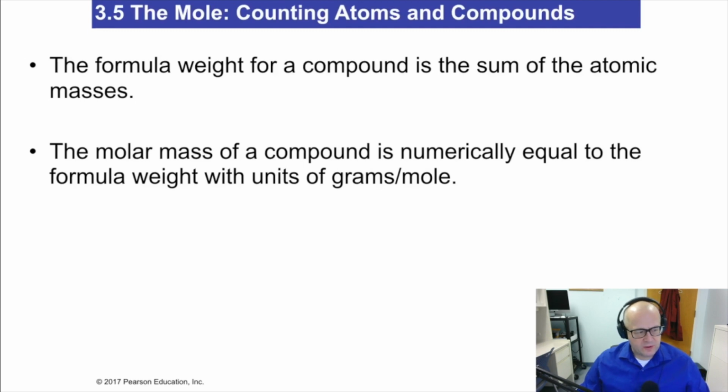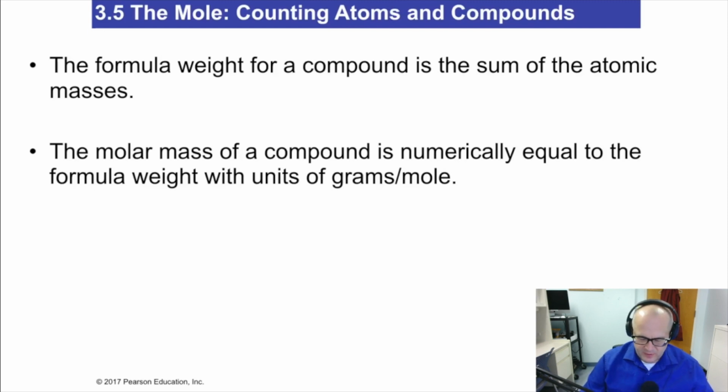Now, we've been working with things now, and we know the molecular mass of the elements, right? But most of life is not made of elements. Most of life is made of compounds. So we have to calculate the mass of a compound so that we can calculate the moles of a compound.